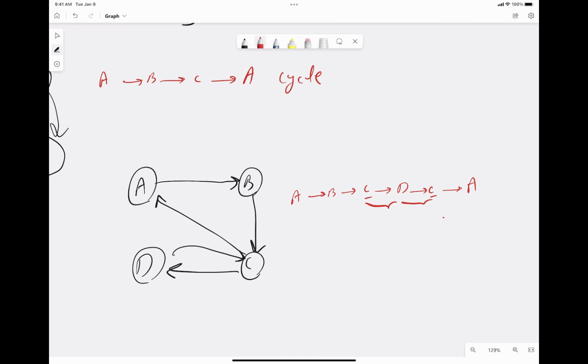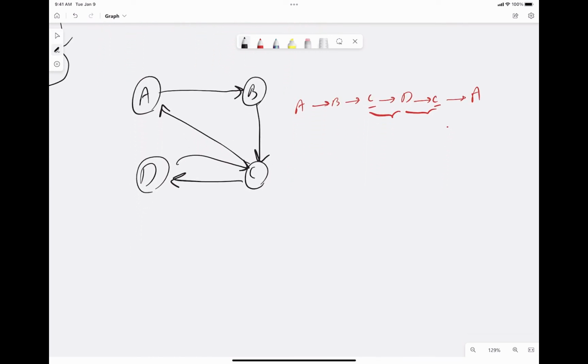So we learned about the cycle, we learned about the circuit, and we also learned about the path. So let's see what a complete graph is. A complete graph is a graph in which all nodes or vertices are connected to every other vertex or node in the graph.